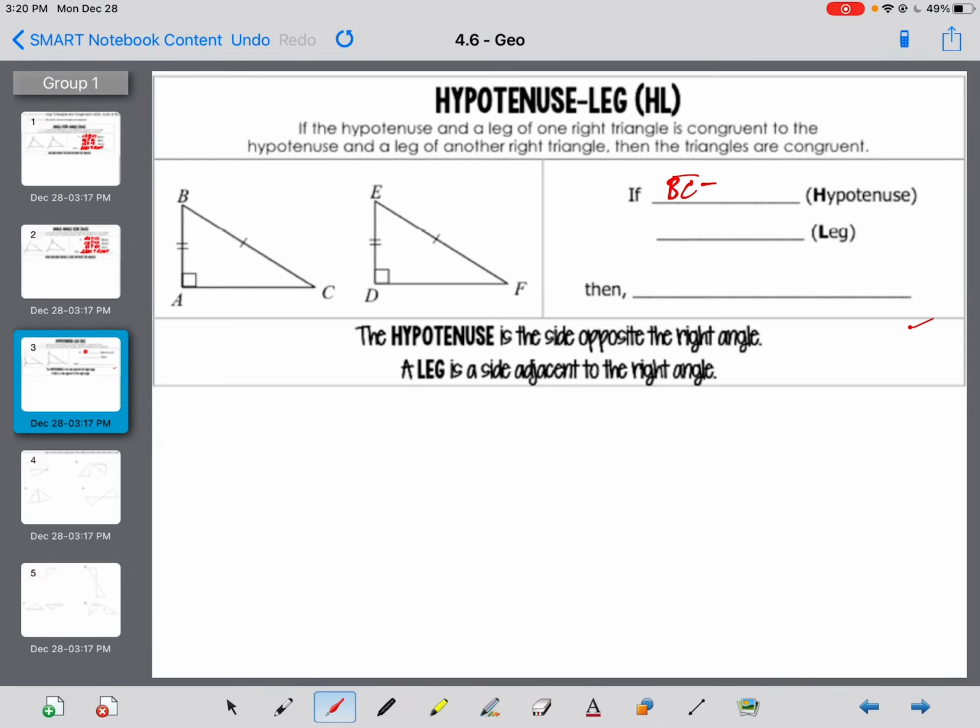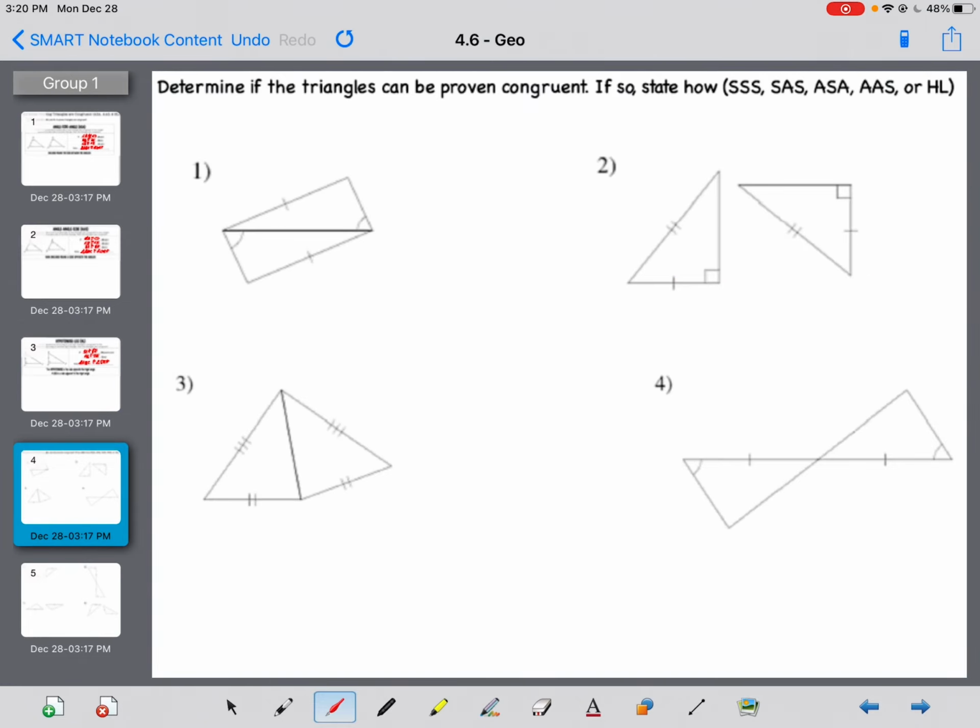If BC, the hypotenuse, is congruent to EF, and a leg, AB, is congruent to DE, then triangle ABC is congruent to triangle DEF. Boom! Hypotenuse and a leg of a right triangle.